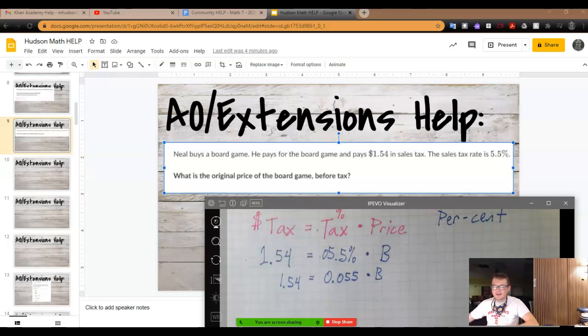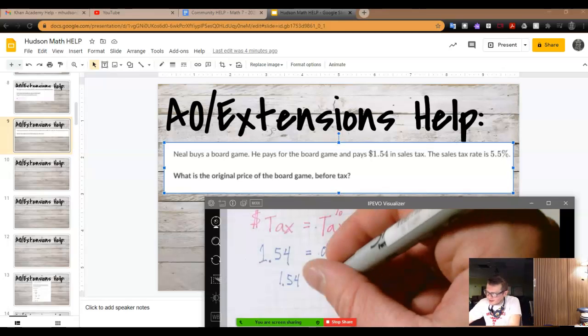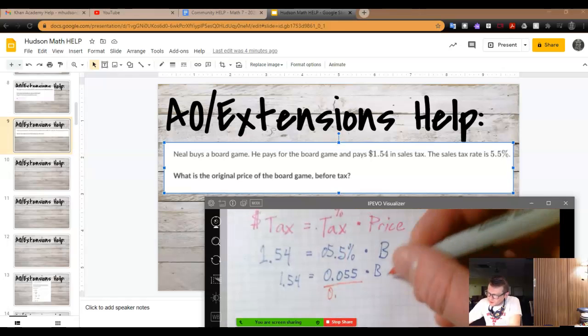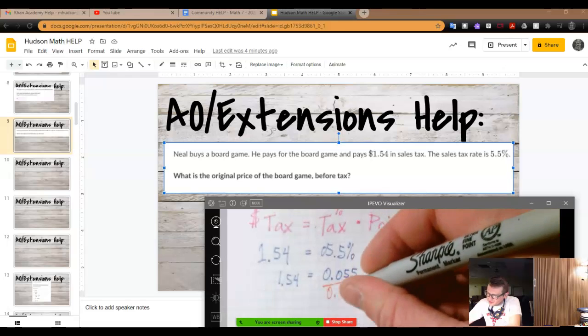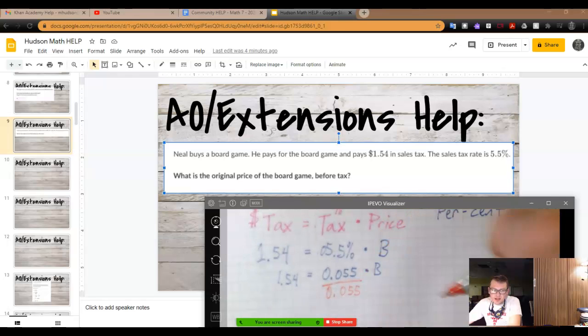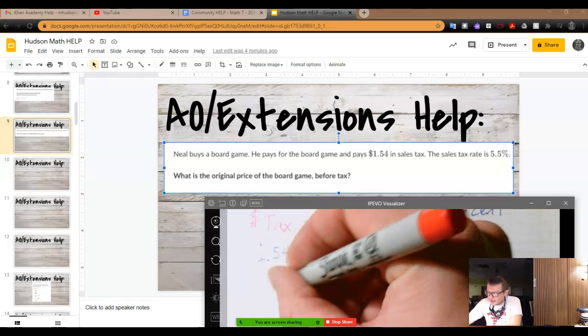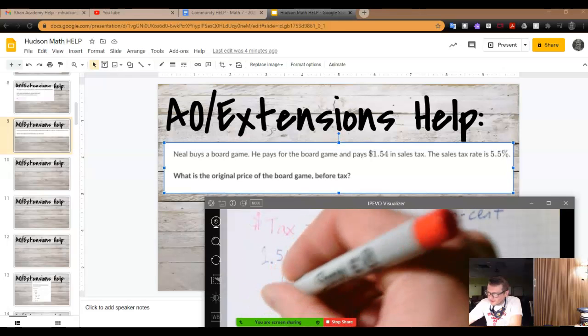Division. Yeah, so we are going to divide on both sides. We're making that giant 1. Remember, we want 1B, so that's why we're setting up a number divided by itself, because that gives us 1. Now, when we divide on the right side, we have to also divide on the left side.